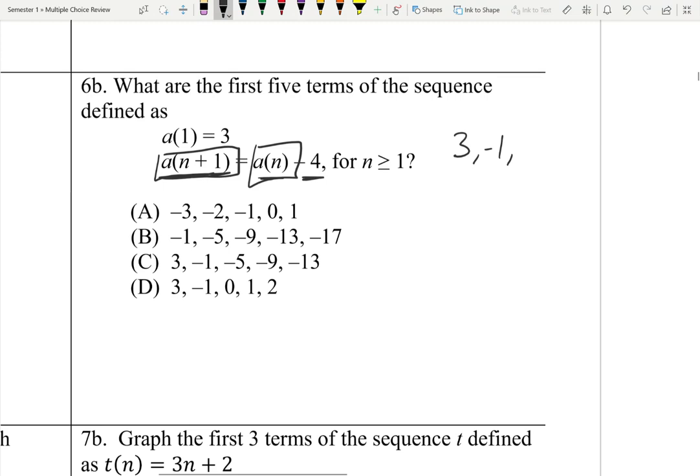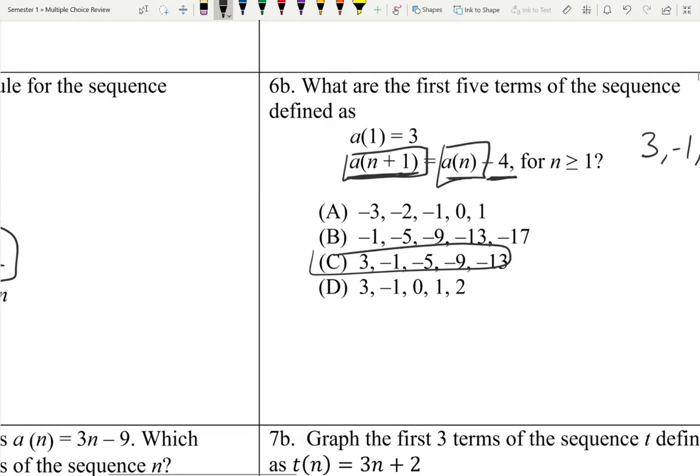Negative 1. If we're at negative 1, the next term would be negative 1 minus 4, which is negative 5. If we're at negative 5, the next term would be negative 5 minus 4, which would be negative 9. So that's C here.